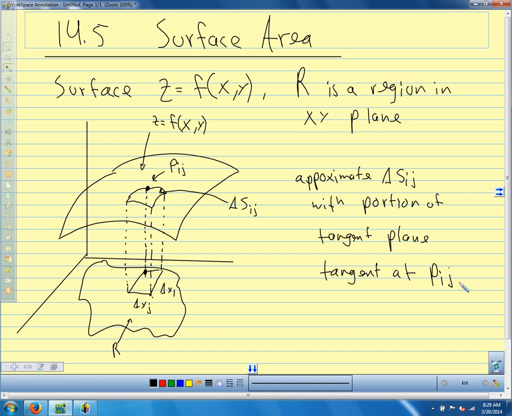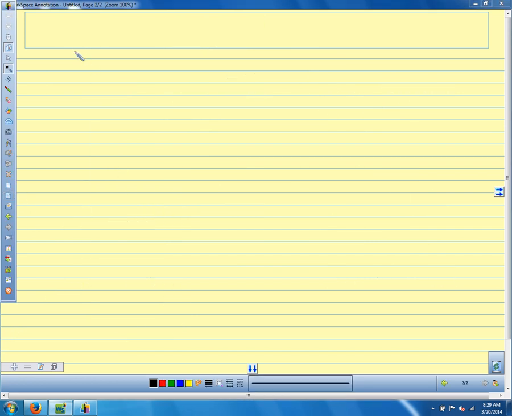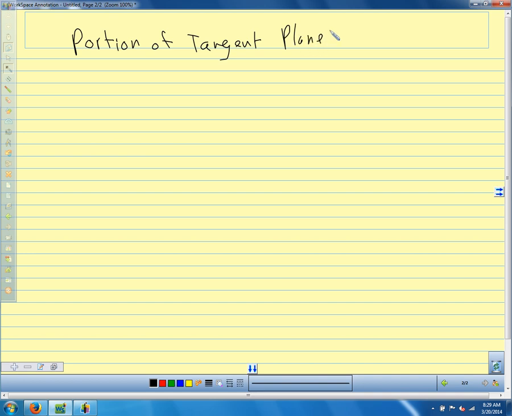What I'm going to do next is draw a picture. We'll leave the surface off, but we'll draw that portion of the tangent plane and come up with a way that we can find an expression for this delta S sub ij. So this is our approach. All right, let's draw the portion of the tangent plane. Here are our axes, and here's our tangent plane.